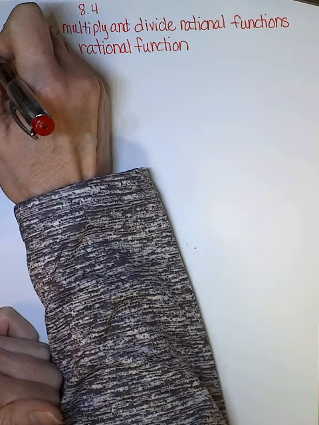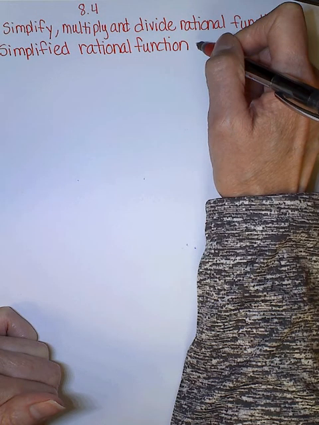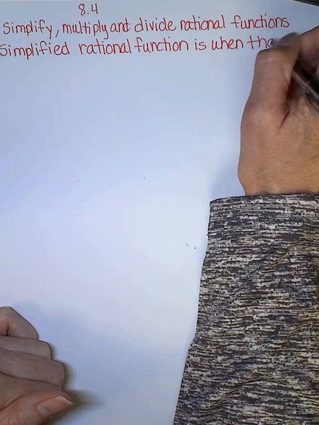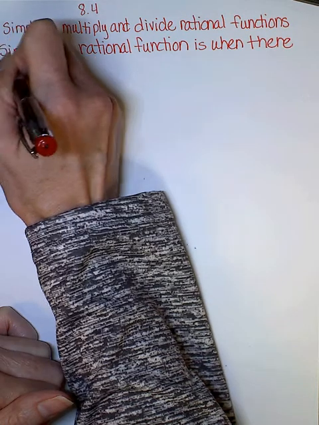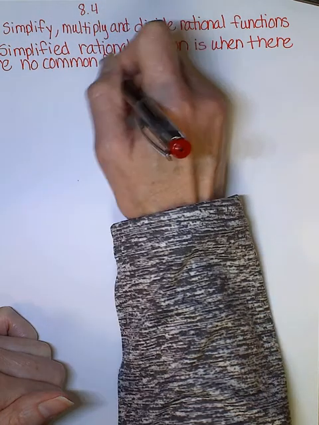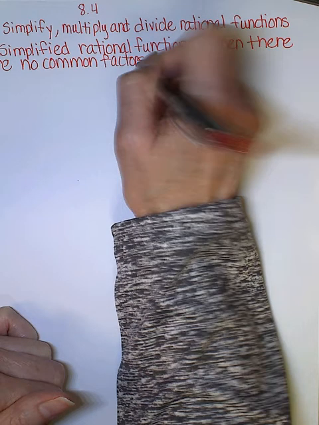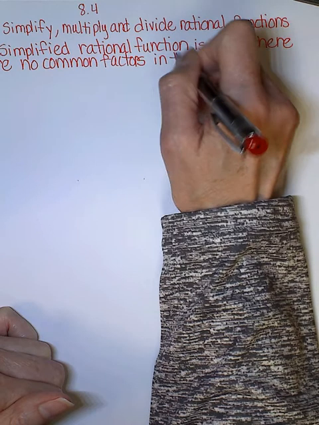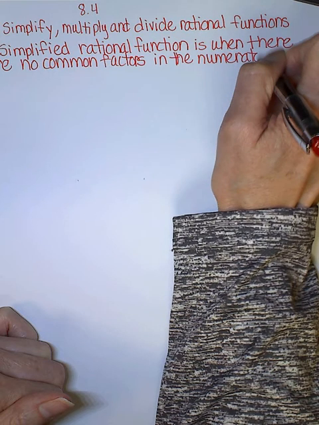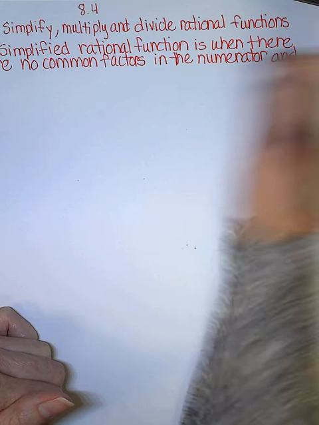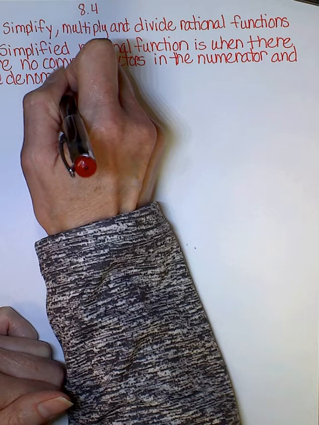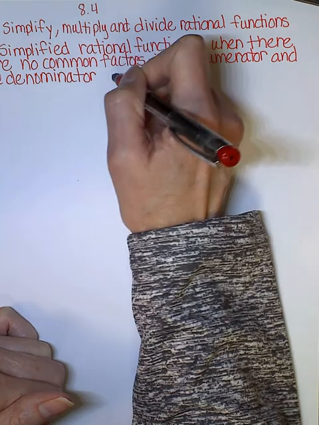A simplified rational function is when there are no common factors in the numerator and the denominator except for plus or minus 1, positive or negative 1.